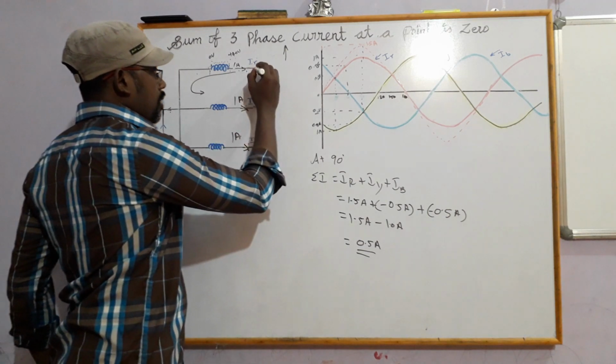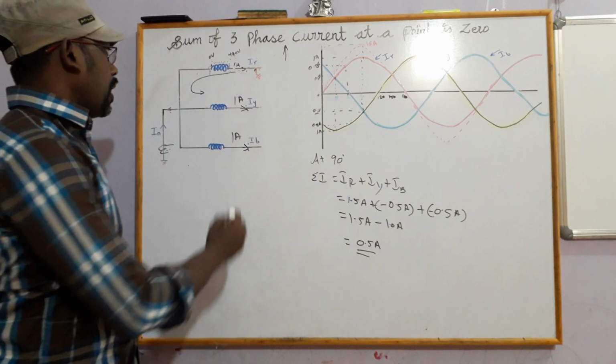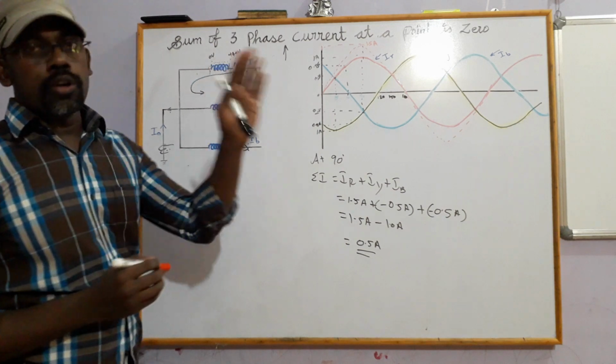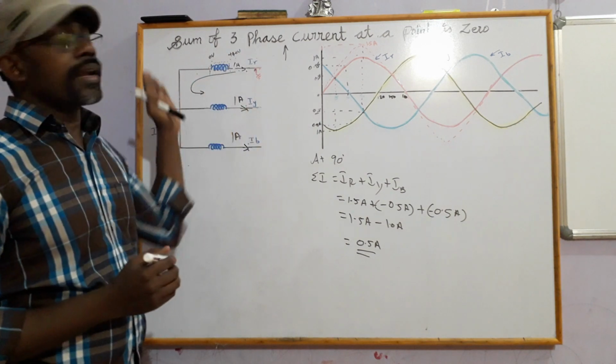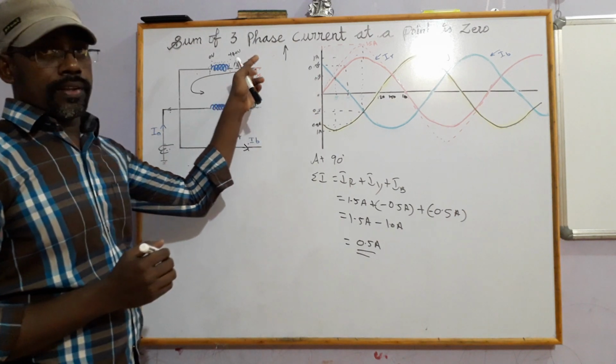Let us consider the fault is on R phase and all R, Y, B are giving 1 amp to the load. Now let us consider the secondary of the transformer distributing to the load and we have a fault on R phase.